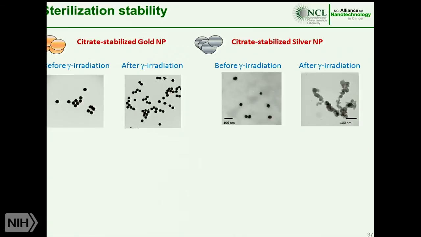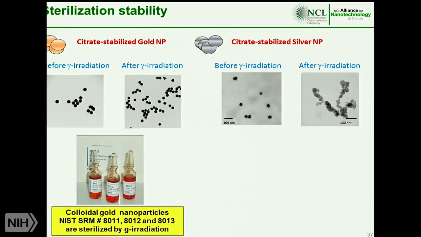When gold nanoparticles are sterilized by gamma radiation, their properties do not change, but silver nanoparticles disappear. And what we see is the appearance of these beautiful structures that look like ribbons and flowers and swans, but anything but the nanoparticles.